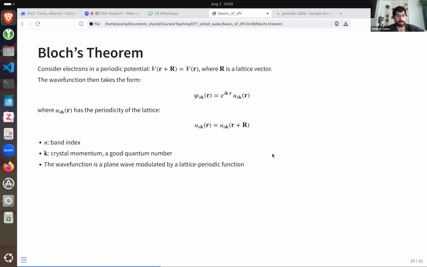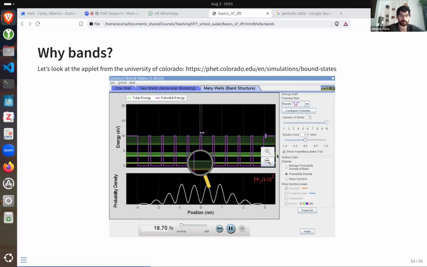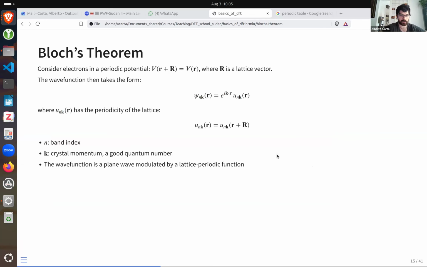Yes. So here now we're talking about something a little bit more math heavy. Okay, so here feel free to stop me. But so far we saw that by putting these quantum systems together, we start to form these continuums of states that are the first example of band structures.